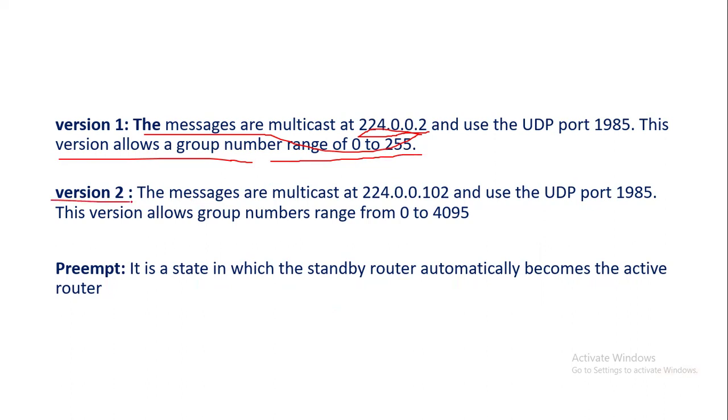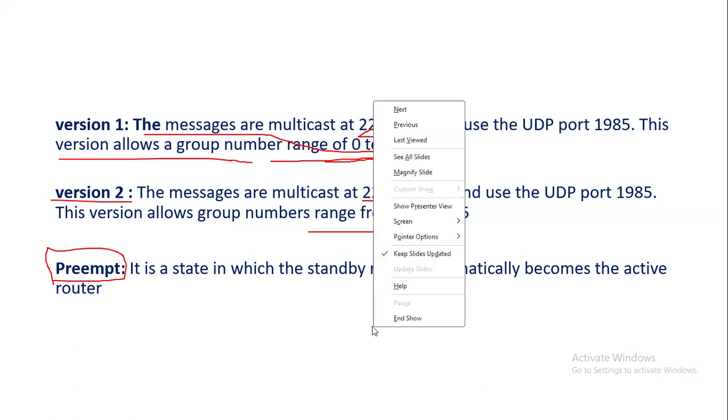If you are using version 2, you get a different multicast address, 224.0.0.102, and the group range increases to 0 to 4095. So the only difference is the group restriction: 0 to 255 in version 1, and 0 to 4095 in HSRP version 2. The priority defines which gateway is active and which gateway will be standby. That is the main concept.